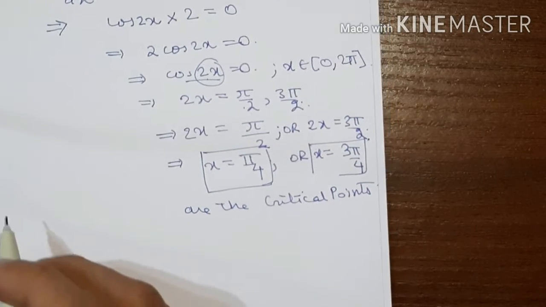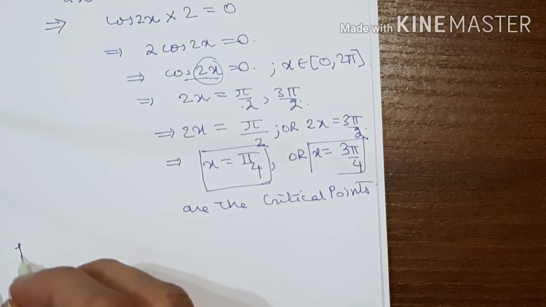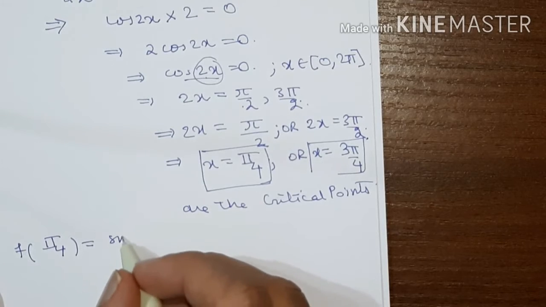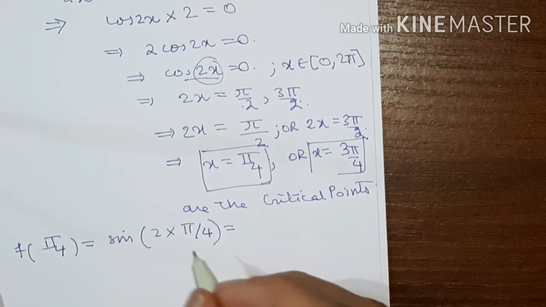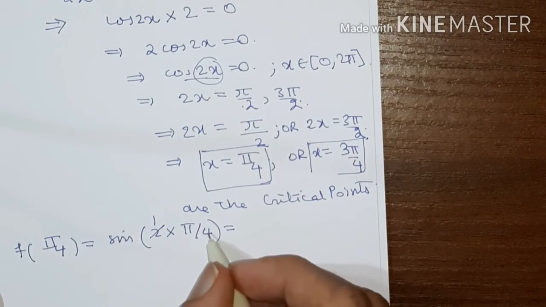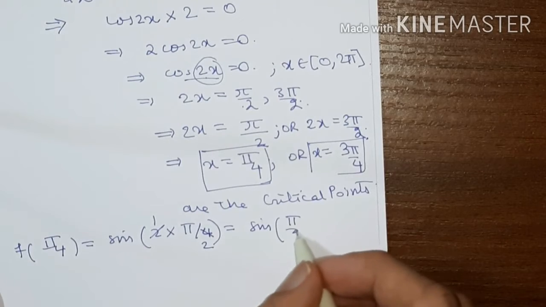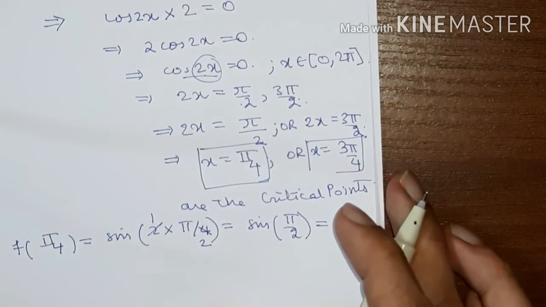Okay, so you know that you have to find the values of the function at critical points. So f of pi by 4 is nothing but sine of 2 pi by 4, right. So 2 ones are 2, 2 twos are 4, so sine of pi by 2, which is equal to 1.